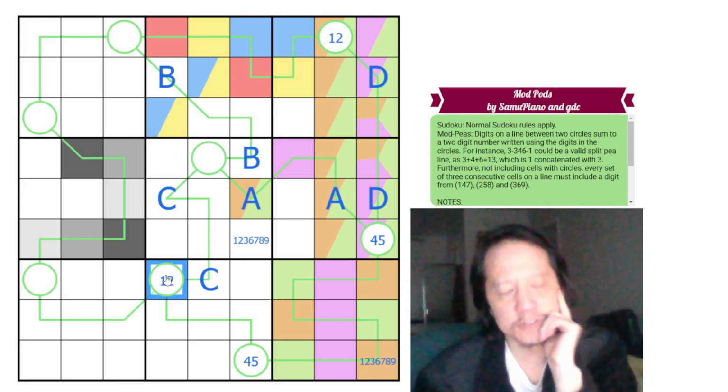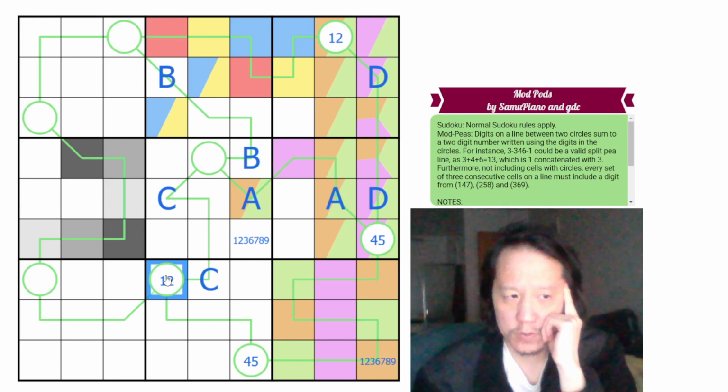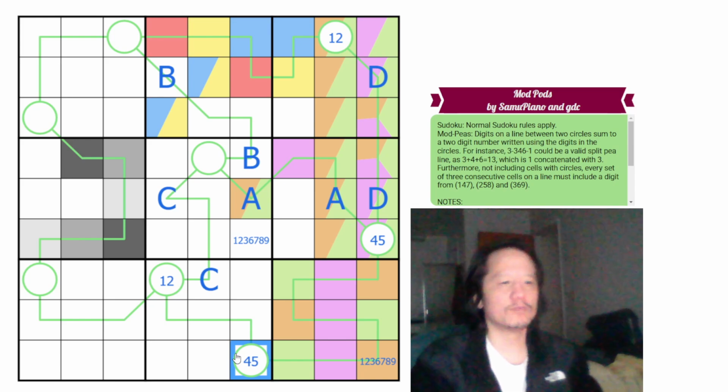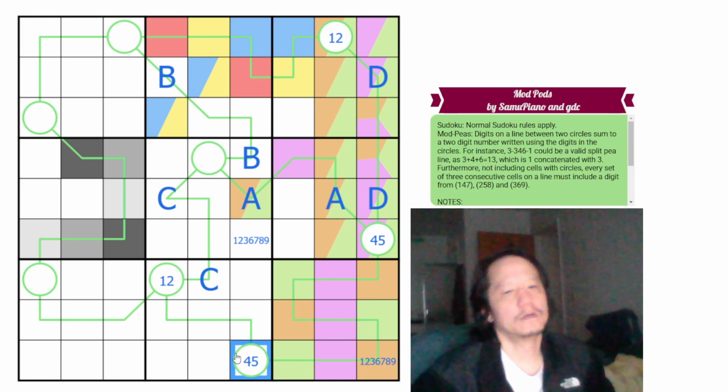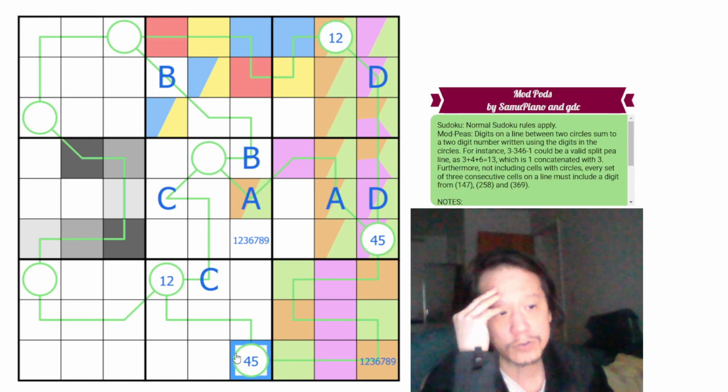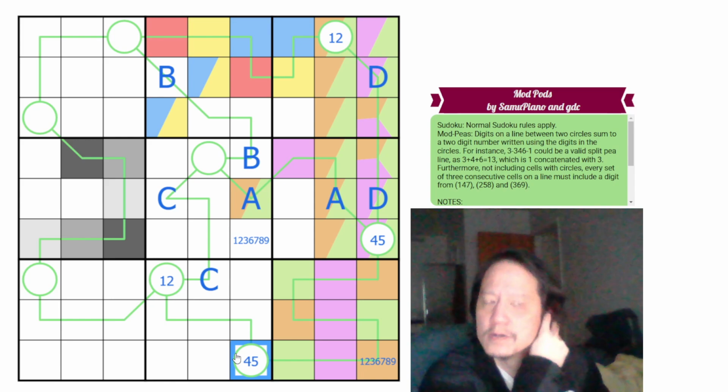So if this is not 24, it would have to be 14 or 15 without a 1. So 14 without a 1. It would have to have three different modulos. Oh wait, it would have to be 15, right?